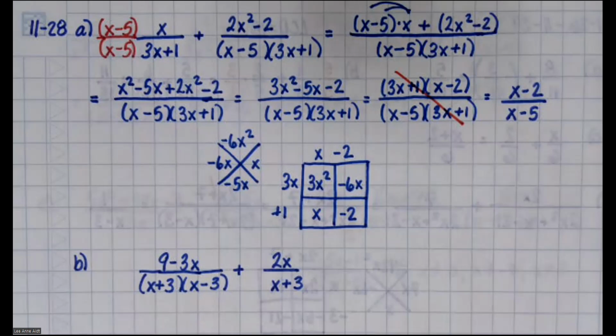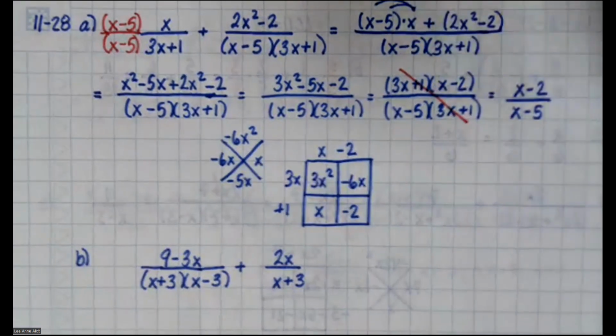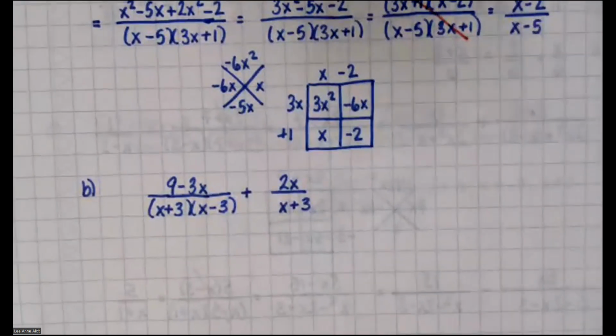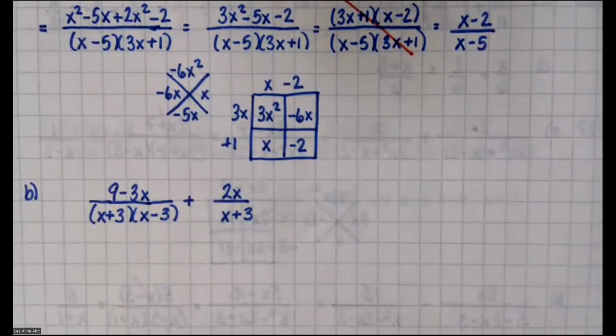How we doing? Okay, number 29 is quick. 29 is just excluded values only. Last one. Let me keep it there for anyone that got stuck.